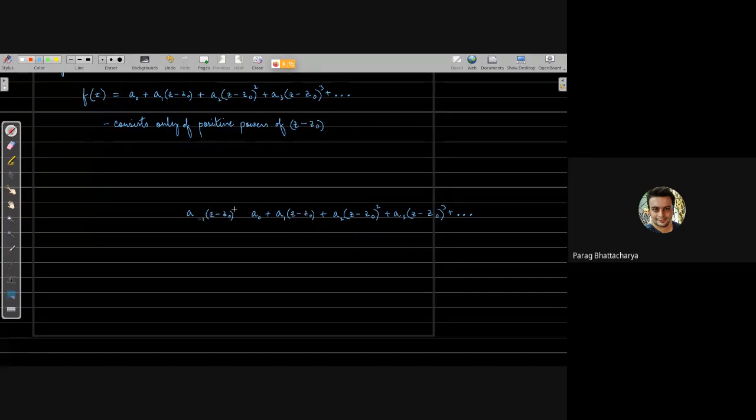Here the power is plus 1, now here the power is minus 1. Likewise, just like we had a2 into z minus z naught whole squared, we will also have a minus 2 into z minus z naught to the power minus 2.